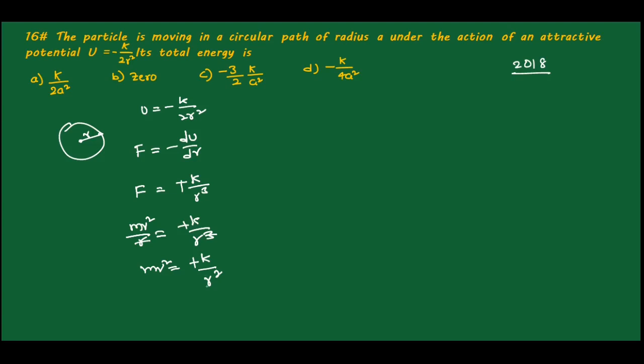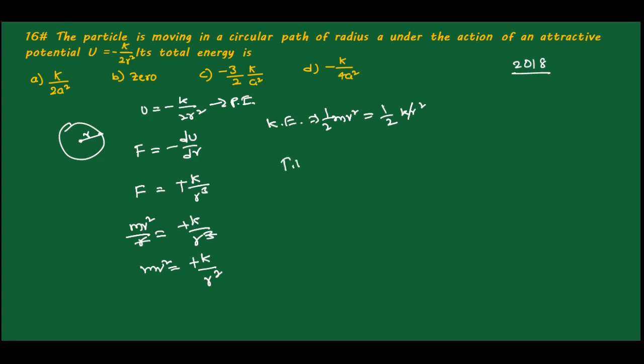Sorry, the minus is removed already because of this differentiation. So this is mv square equal to k by r square. Now this is the potential energy. Now find out the kinetic energy. The formula is half of mv square, and you already know mv square is k by r square.